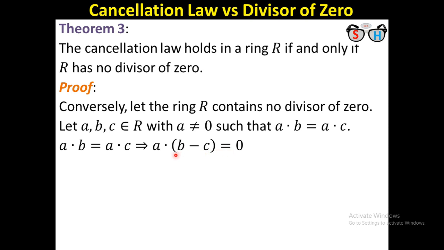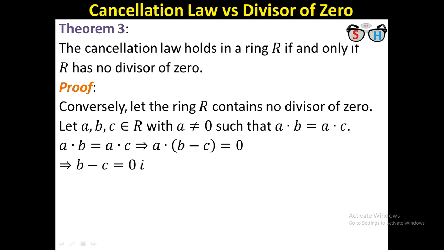Again, if A is non-zero and B minus C is non-zero, then the product of two non-zero elements is 0. That is, the ring contains a divisor of 0. Here A will be a left divisor of 0 and B minus C will be a right divisor of 0. But here R contains no divisor of 0. Therefore, B minus C is not non-zero, so it is 0.